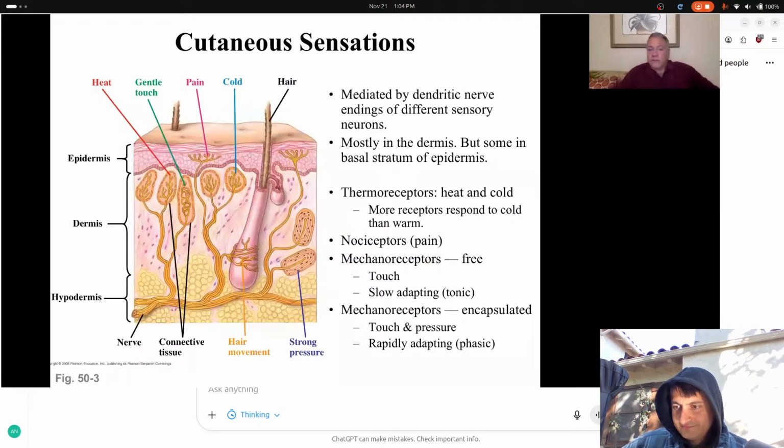So looking at your cutaneous senses, so your skin, again, the largest organ in your body, and it's full of sensory structures.